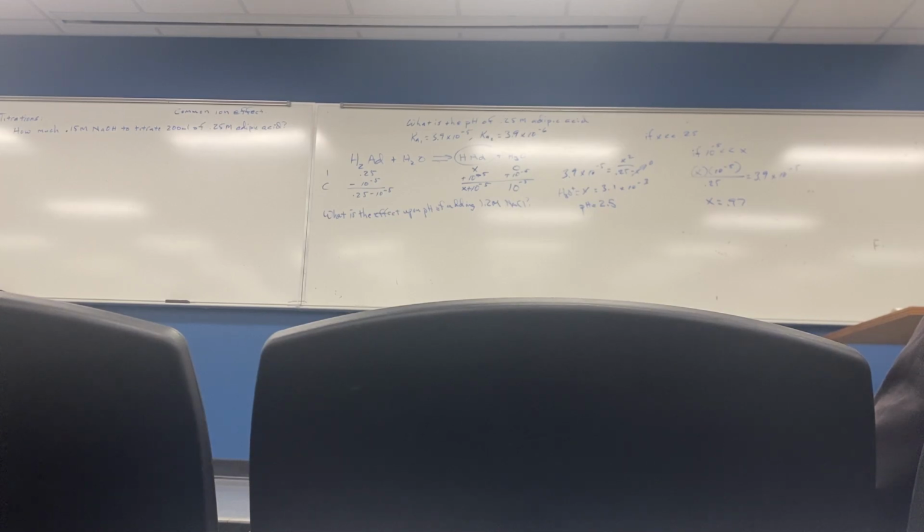The end point. Okay, so we go to the end point of the reaction, which would be where, what's in my beaker when I get to the end point? How much adipic acid's left in my beaker when I get to the end point? None, because I'm at the end point.